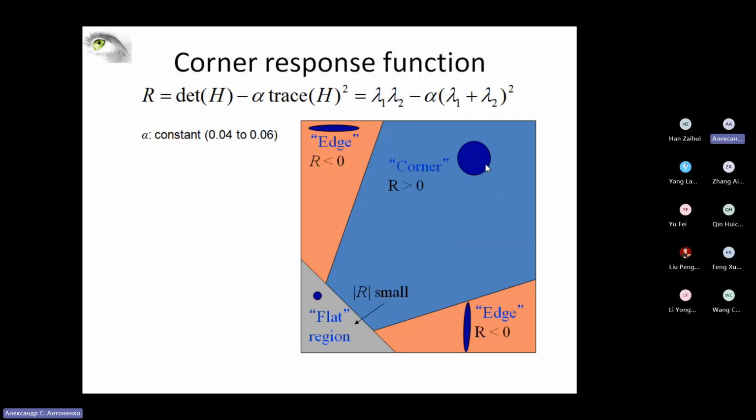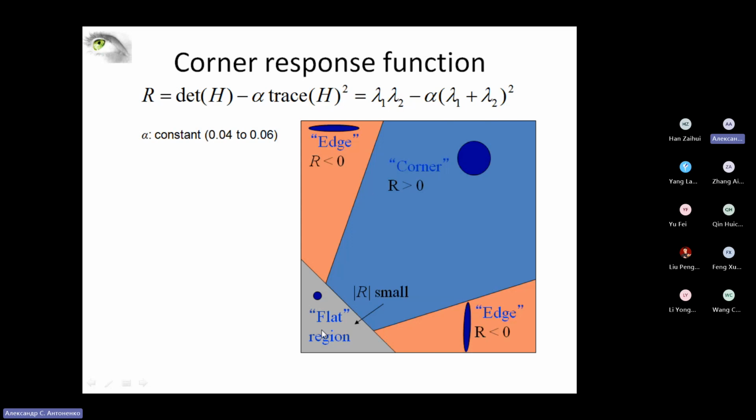But why do we need two numbers if we can use one number? We can use simply one number R that can be computed using this formula: the determinant of the matrix minus alpha multiplied by the trace of the matrix squared. And this can be rewritten as this.